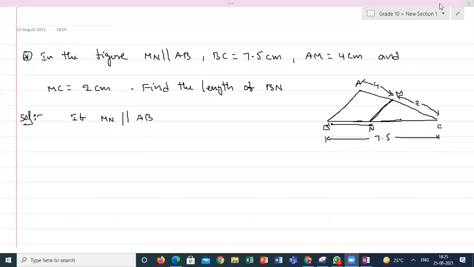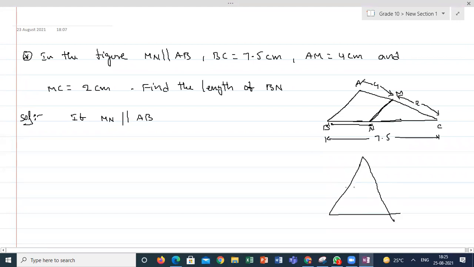What does the basic proportionality theorem say, guys? Suppose I am tilting this triangle like this. This is C, A, B, and this is M, N, where MN is parallel to AB. What does the basic proportionality theorem say?